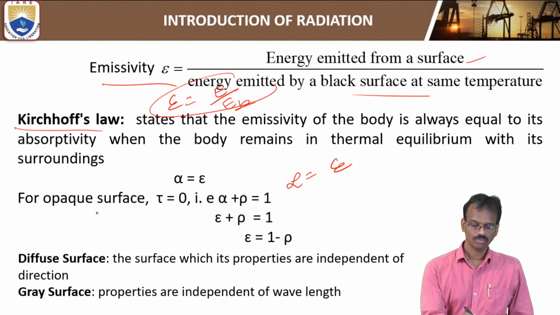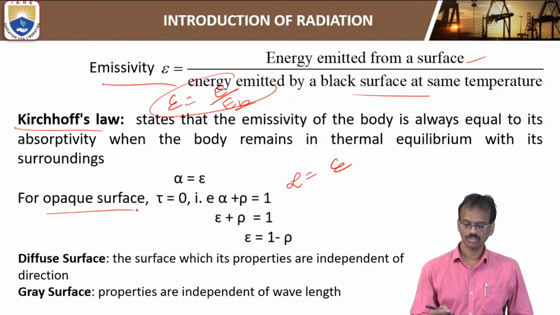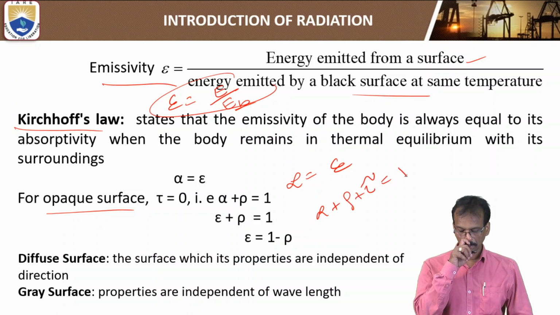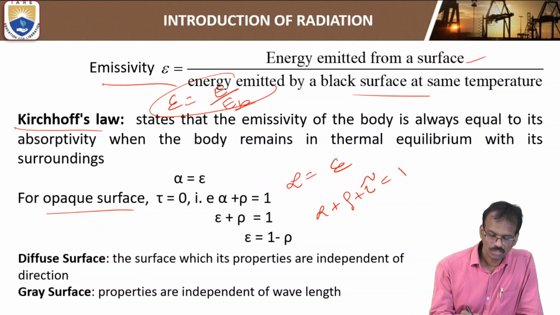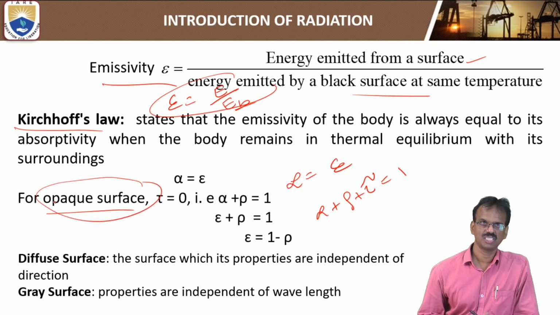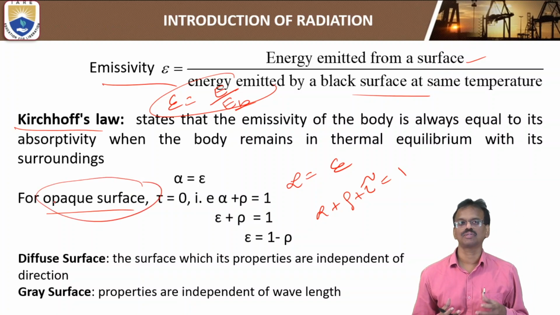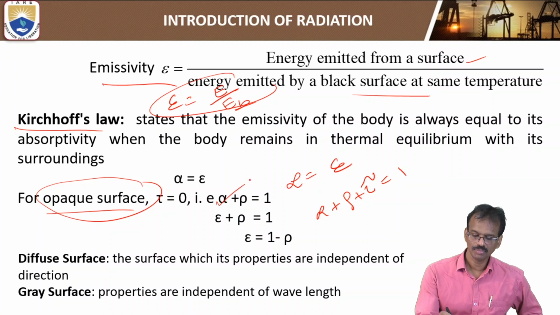Suppose you know that alpha plus rho plus tau is equal to 1. Some portion will be absorbed, some portion will be reflected, some portion will be transmitted. If you consider opaque surfaces, nothing but metal surfaces, for metal surfaces we will see only absorption and reflection.